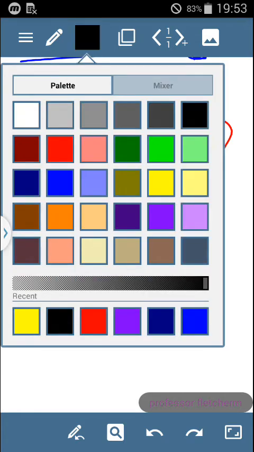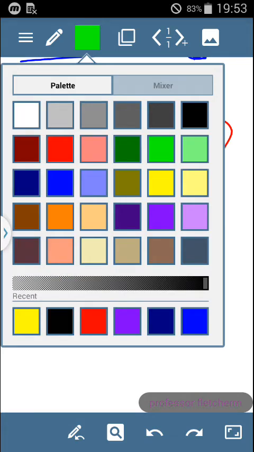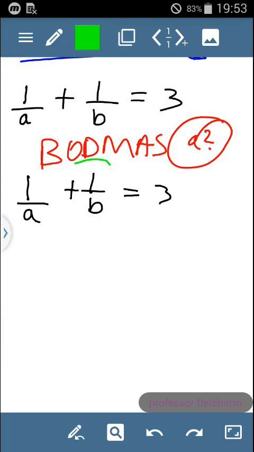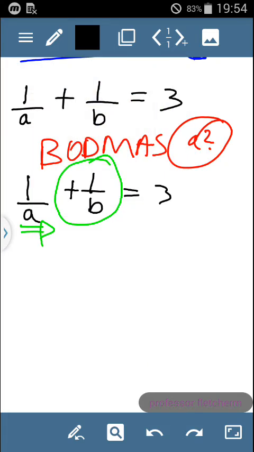It's very easy. So it's 1 over A plus 1 over B is equal to 3. So we need to remove this part, which has a B, so that we can remain with this part that only has an A. And then from there onwards, we can see how we can then work out that one.